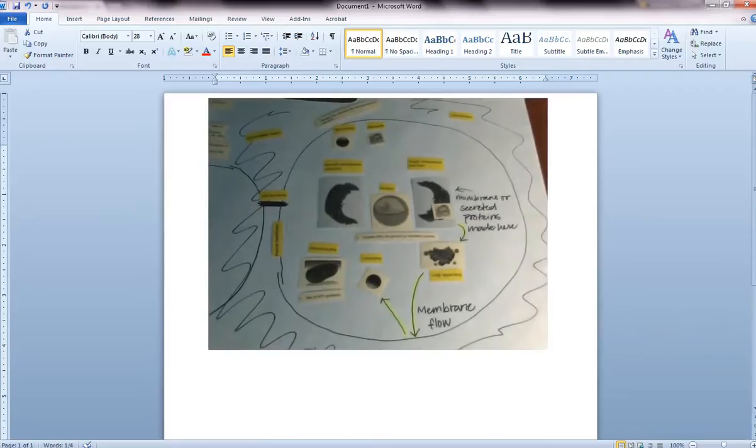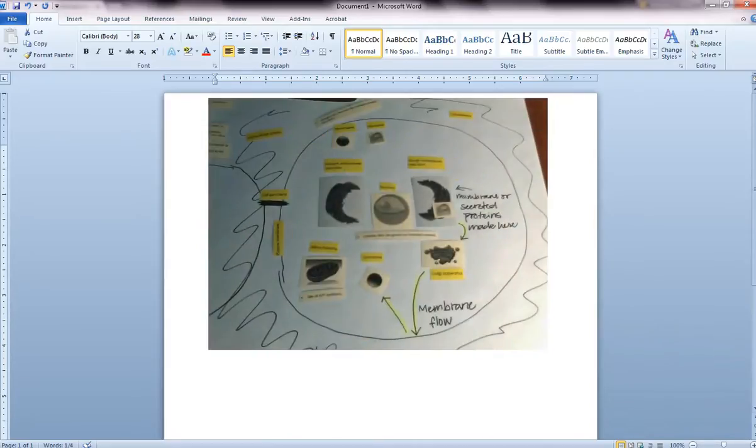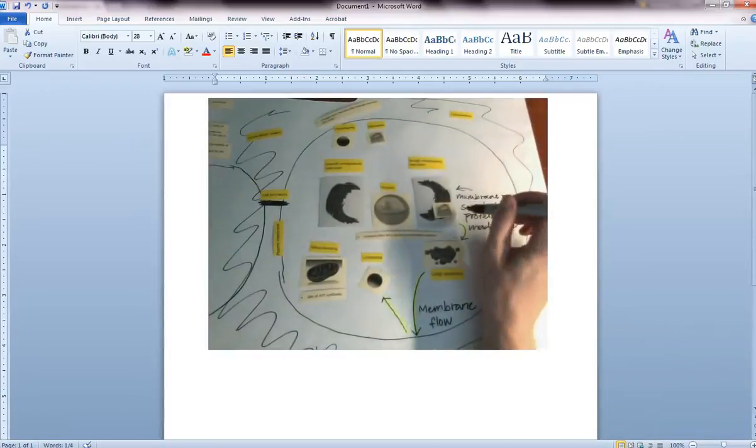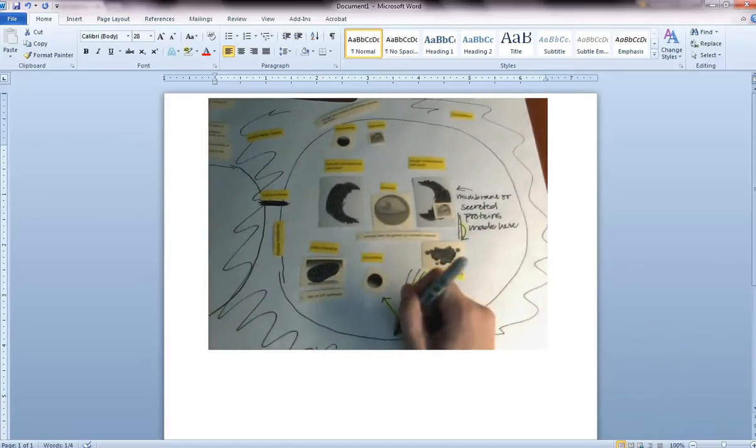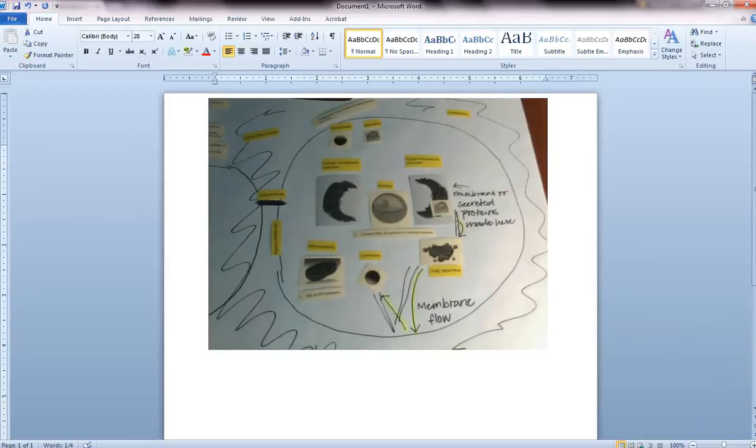So it turns out that in the cell there's a highway system, and all along here are going to be these microtubule tracts. And they're going to help as a highway system those vesicles jump on and know exactly where to go.